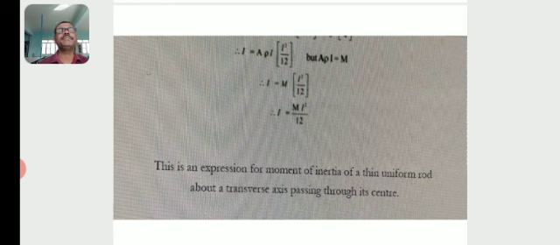Therefore, I is equal to M L square by 12. This is the expression for the moment of inertia of a thin uniform rod about a transverse axis passing through its center. So I is equal to M L square by 12.